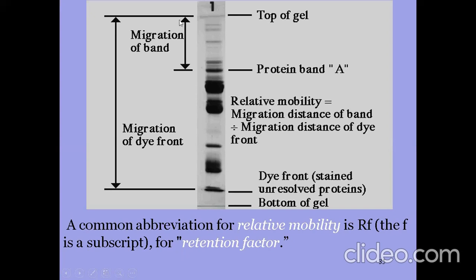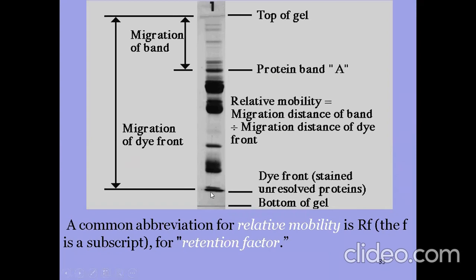So this is the migration of the band. We load the sample here, so it moves from here to here. So this is the migration of the band. Now, also we will have a different stain, an unresolved protein.